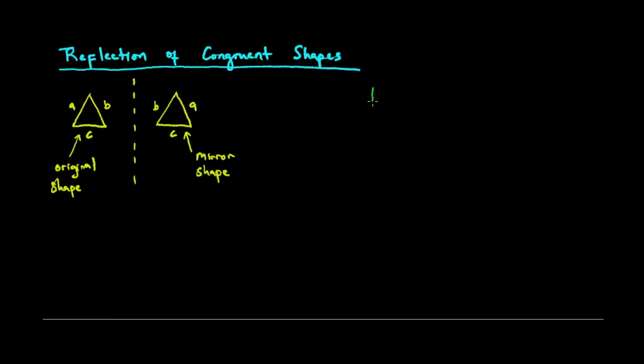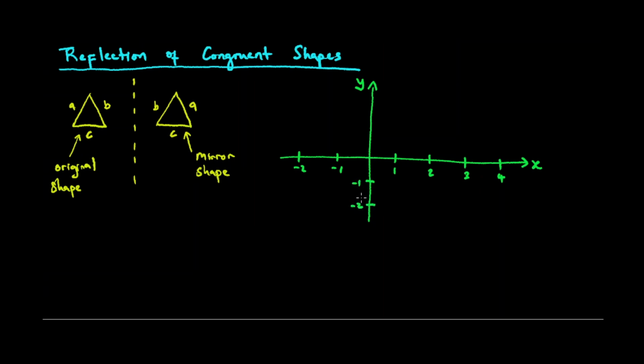So if we have a Cartesian plane, y, x like that, let us put some coordinates 1 2 3 4, -1 -2, -1 -2, then 1 2 3, something like that.